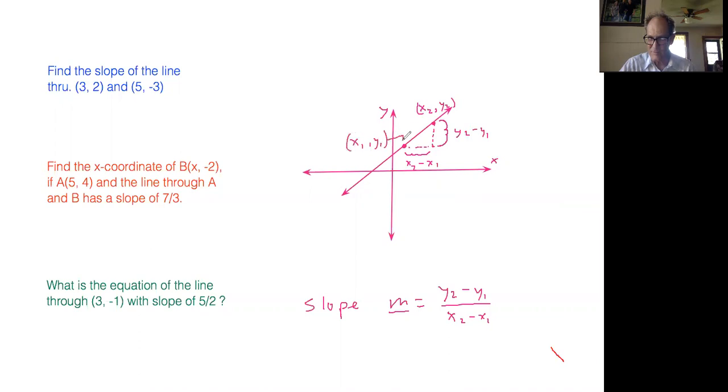So any fraction of the change of y over the change of x will be the measure of slope.